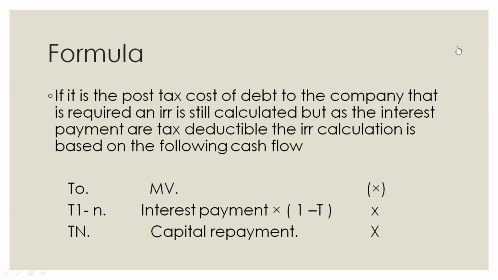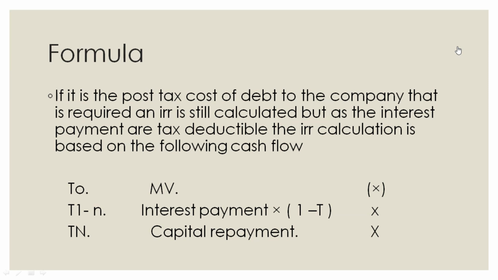The formula we can use is T0 market value same as before, T1 till the period of repayment is interest payment into 1 minus T, where T is the tax rate, and then in the year in which the redemption is made, the capital repayment.